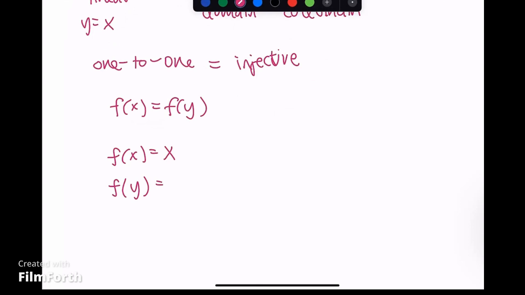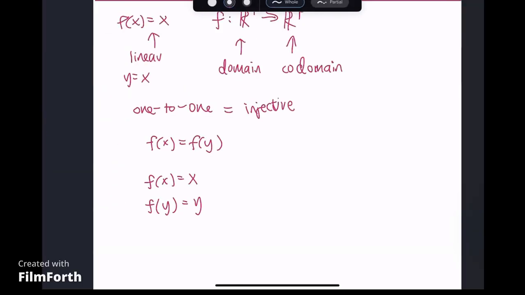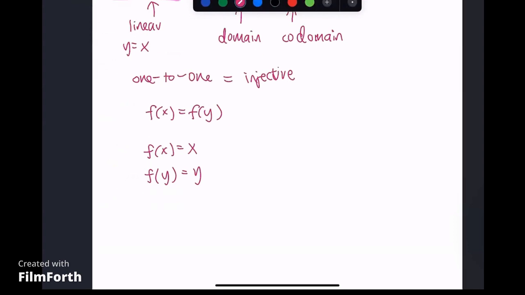Yeah, so I got a really good response from Jackie. It's equal to y, right? Because this is how our function is literally defined, right? So let's substitute this into our original.